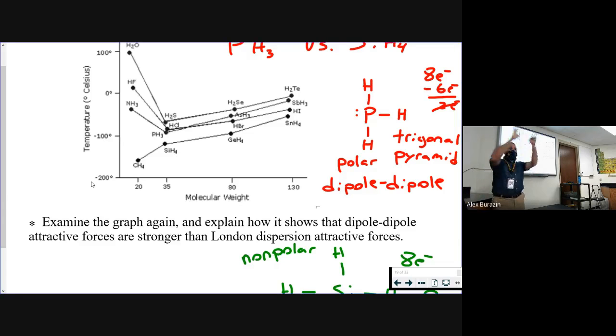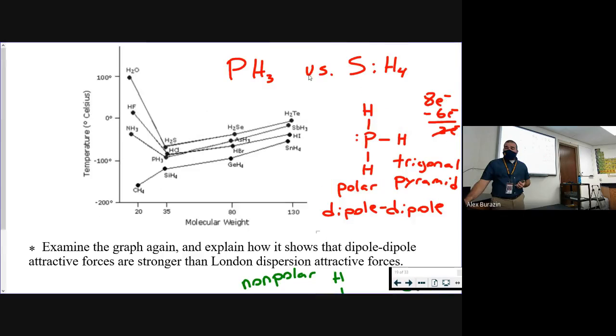So the whole point of this long speech was to try to analyze this statement down below. The statement was, why are dipole-dipole forces stronger than London dispersion? Well, through this comparison, by looking at PH3 and SiH4, all other factors are pretty much out the window. The molar mass is the same, the number of electrons are the same, and they both have London dispersion forces.